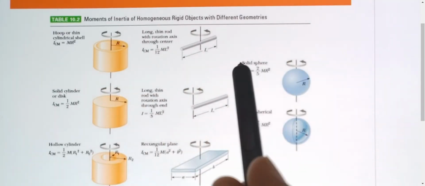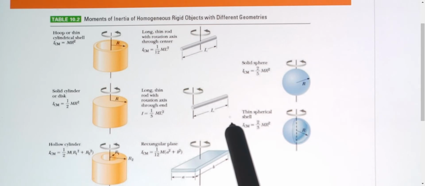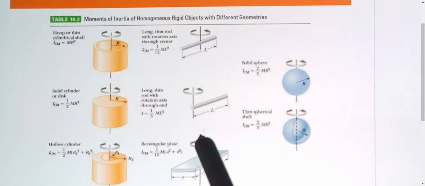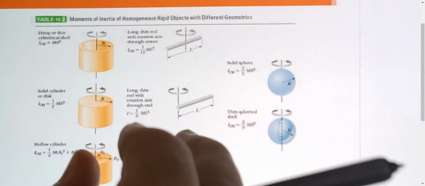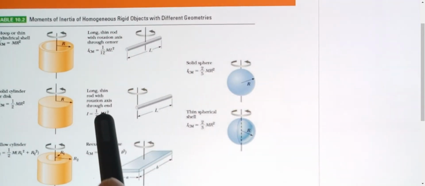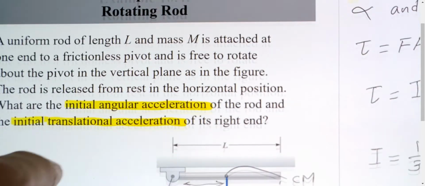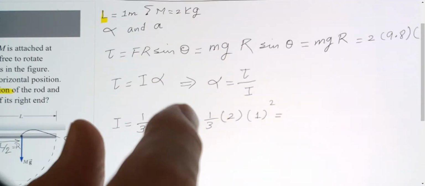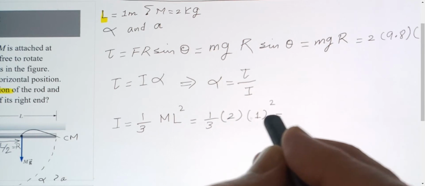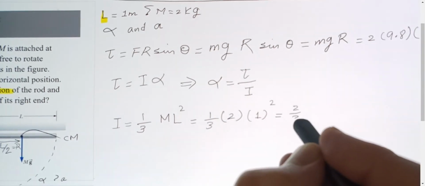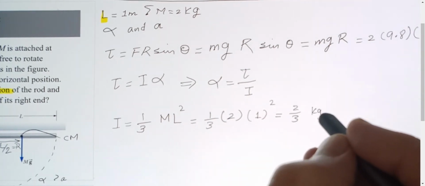So each object has its own moment of inertia. In our situation, it's 1 over 3 m L squared. So it is 2 over 3 kilogram meter square.